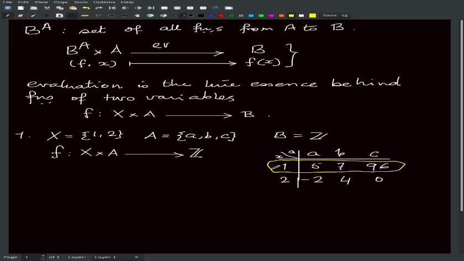The moment you fix x equals 1, the first row gives you a function from A to Z. It takes A to 5, B to 7, C to 96. If you fix x equals 2, it gives another function.